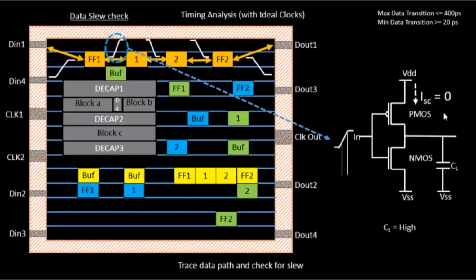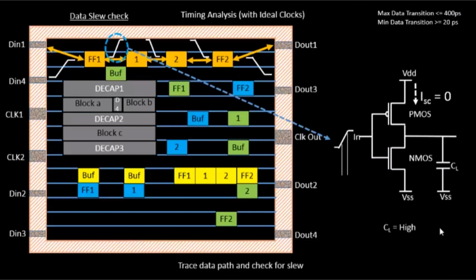So the short circuit current is very minimal, and this is a very good technique to reduce your short circuit current to some extent. We'll explain the disadvantages of having a high load capacitance. But at this point, you have this common point where you have two sources of current, out of which one source is very high, and as a result, you get rid of the short circuit current.